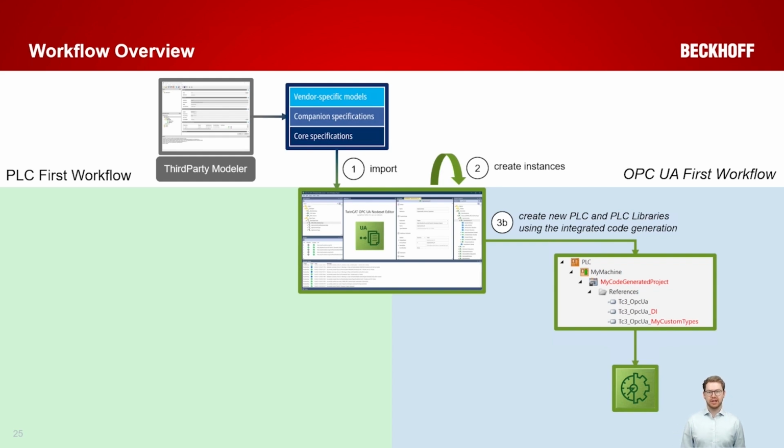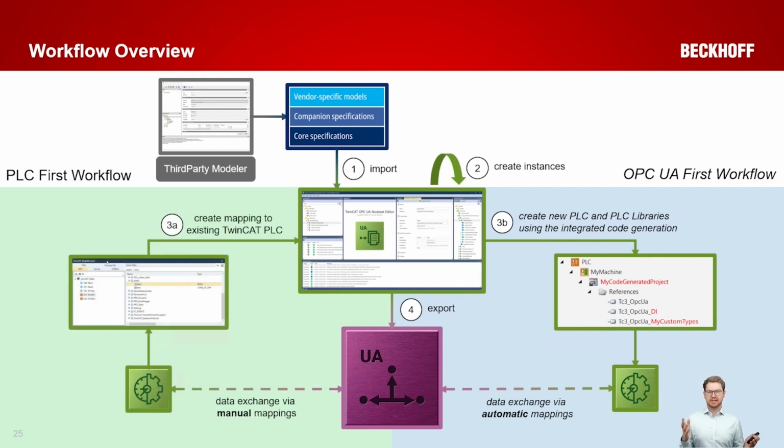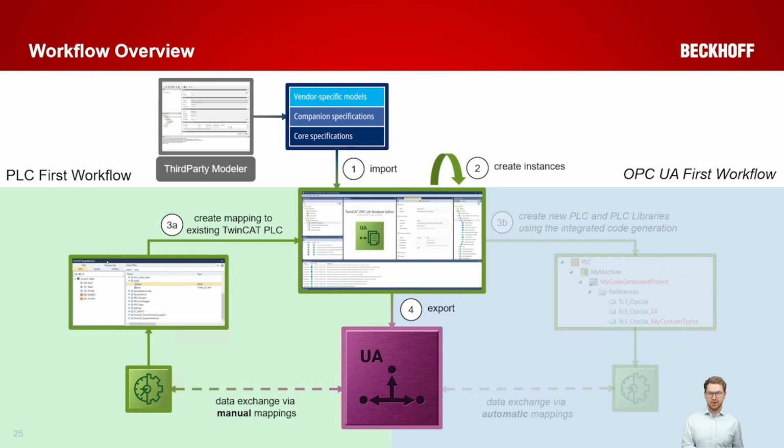This is then running in the PLC, and once you export your configuration to the server again, the PLC and the OPC UA server will exchange data based on those automatic mappings. These two ways are different, but for now, the OPC UA-first workflow is not yet available, and neither is the code generation, which is why we're going to focus on the PLC-first workflow.